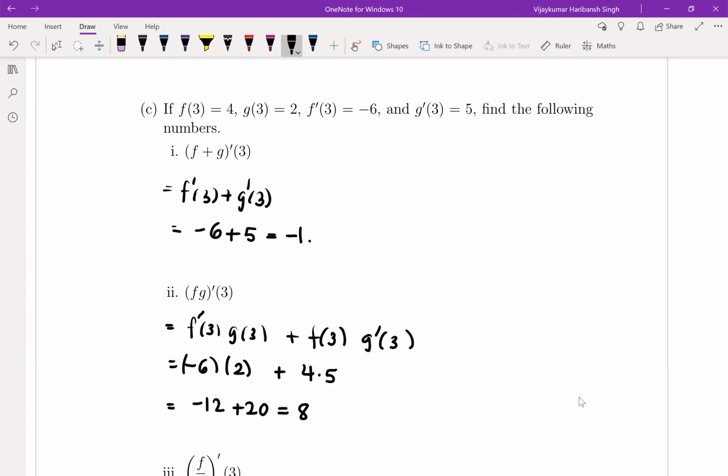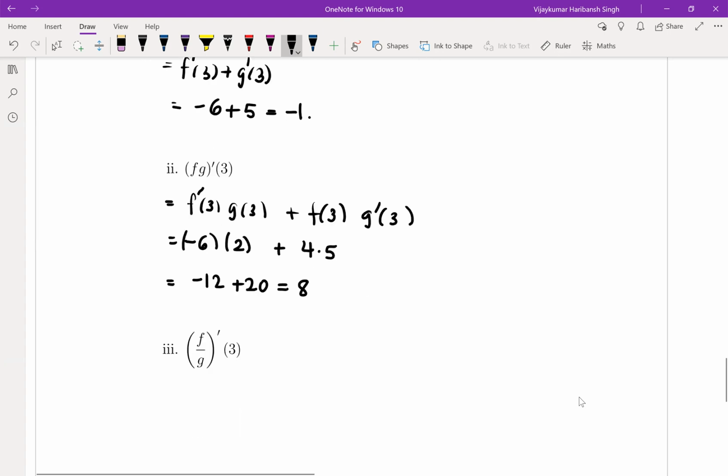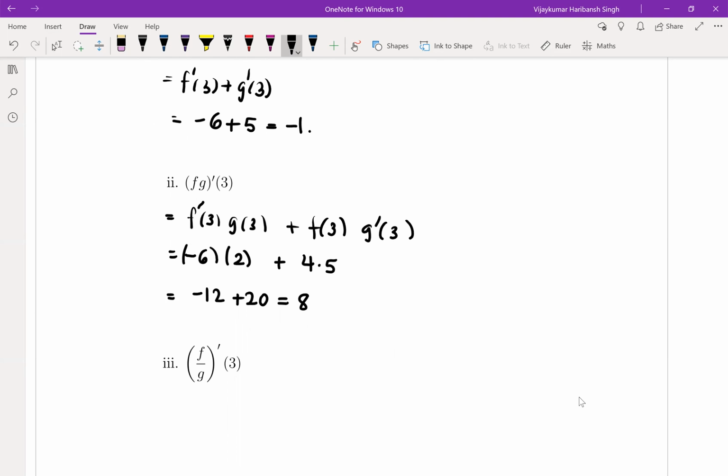So far good. Now how about this problem? f divided by g prime at 3. So again, here we have to use the quotient rule. So this is going to be g of 3 as it is, multiplied by f prime of 3, minus f of 3 times g prime of 3, divided by g of 3 the whole square.